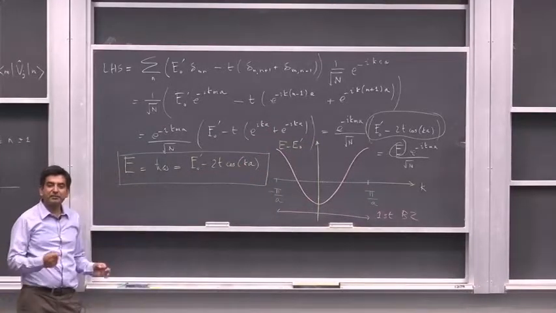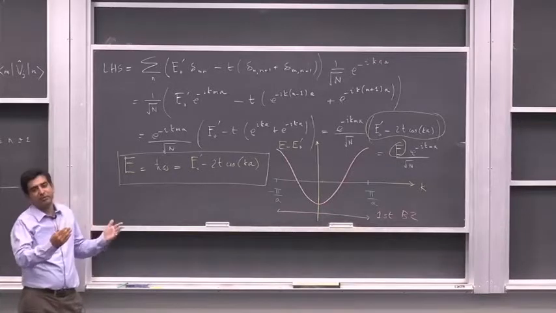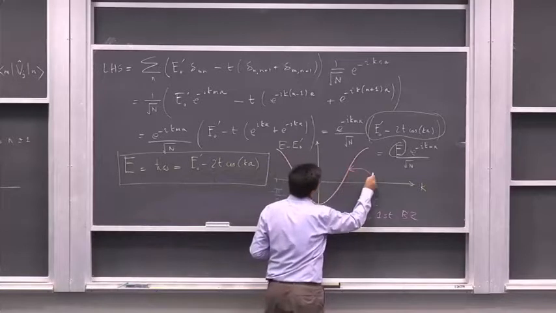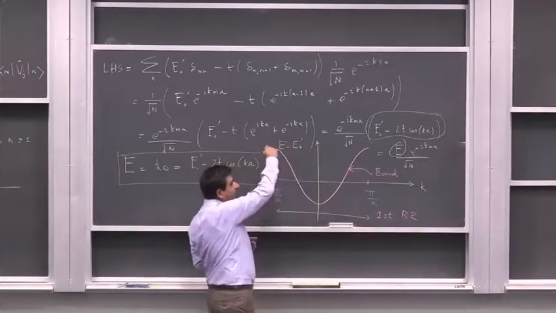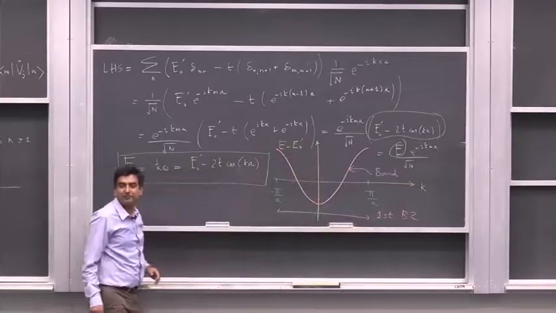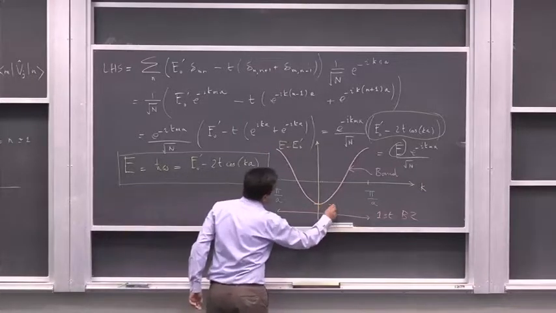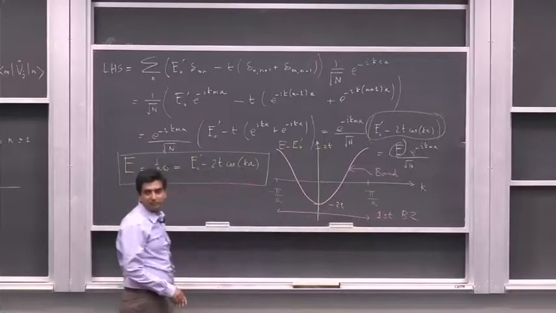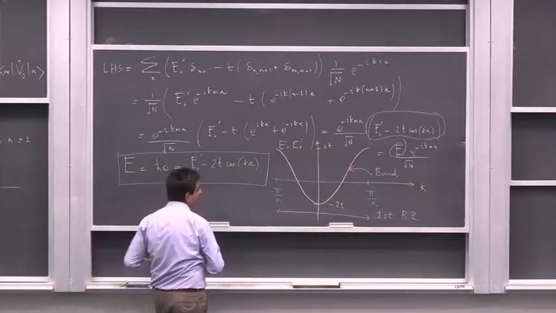Now, depending upon the number of electrons that are available, these different K states will be populated. This is called a band. This is a band of K values, and it represents a band of energies. The range of those energies spans from minus 2t to plus 2t within the Brillouin zone. So the bandwidth of this band is 4t.